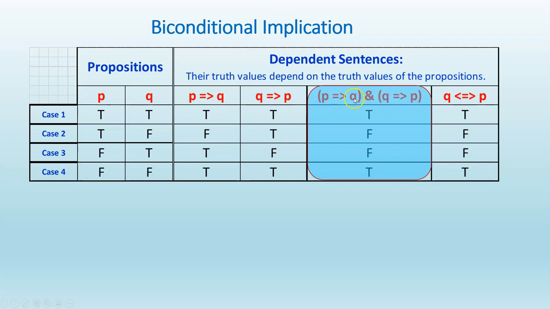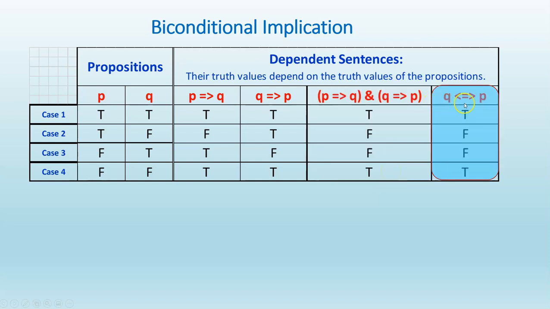It's the and statement between those 2 sentences. So where are they both true? They're both true here in case 1, and they're both true here in case 4. But they are not both true in case 2 and 3. So we've got this as our truth statement, or as our truth assignments.